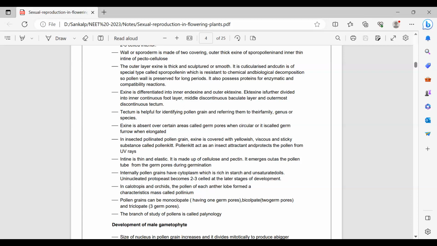The pollen of each anther lobe forms a characteristic mass called pollinium. Good. Pollen grains can be monocolpate, having one germ pore, bicolpate, 2 germ pores, and tricolpate, 3 germ pores. The branch of study of pollen is called palynology. Thank you, Nagini.